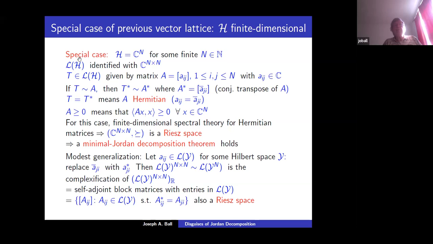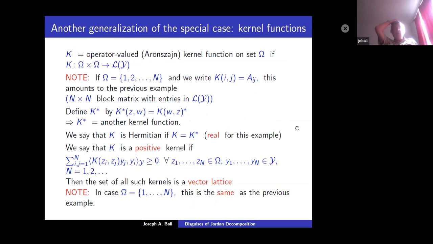is also a real space. And now I go to the next slide, another generalization of the special case: kernel functions. So now to blow your head open a little more, suppose K is what I'm calling an operator-valued kernel on a set omega.